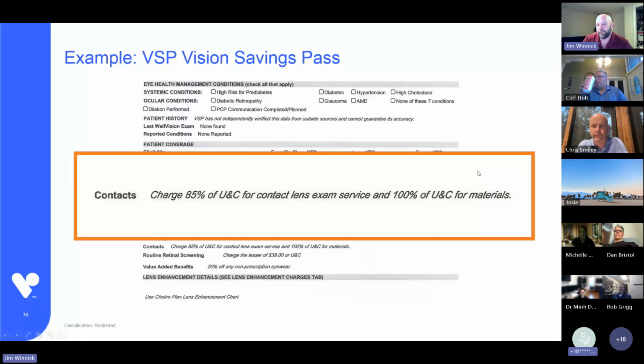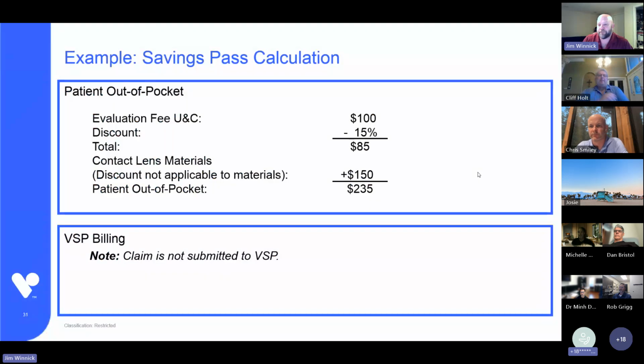So again, the benefit to the patient: you're a VSP patient, so I'm going to give you a 15% discount. So instead of $100, it's $85, but your lenses were still $150, and that is an out-of-pocket cost to you. Because it's a straight discount plan, you actually don't even submit a claim to VSP.